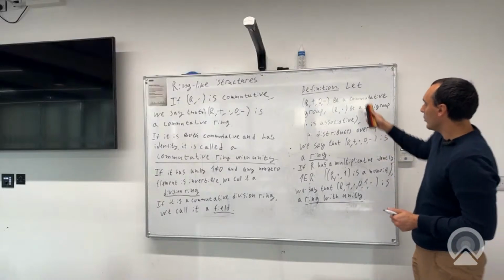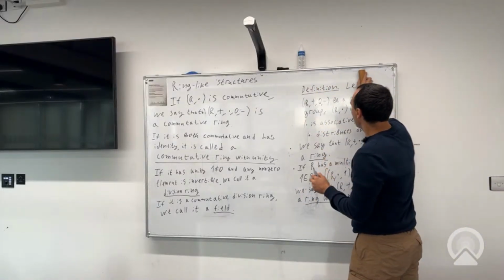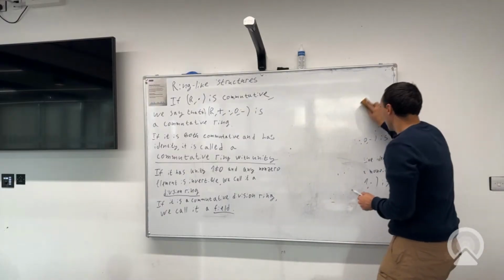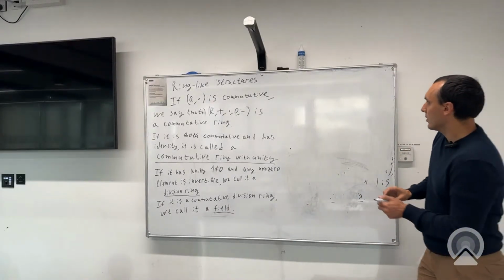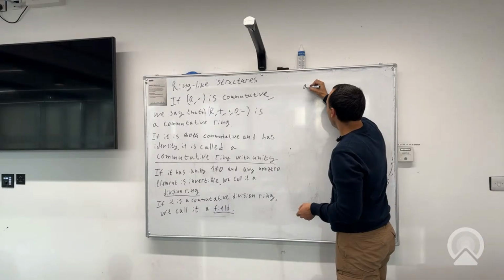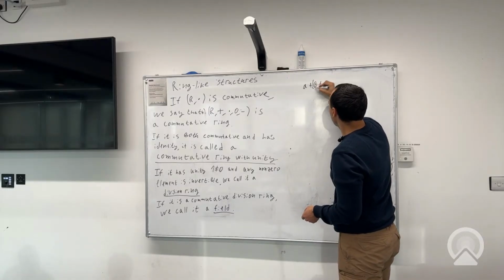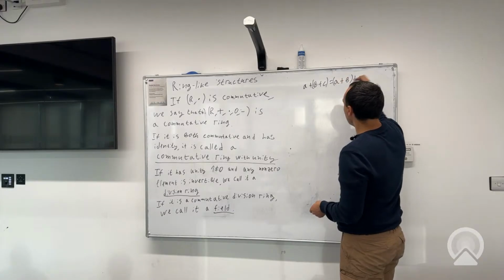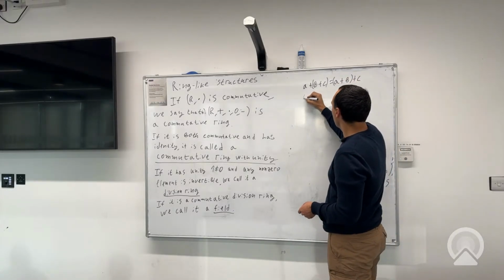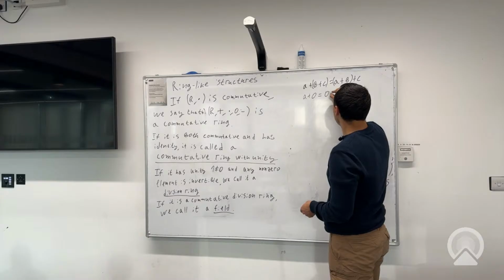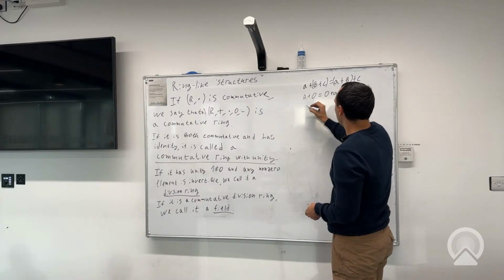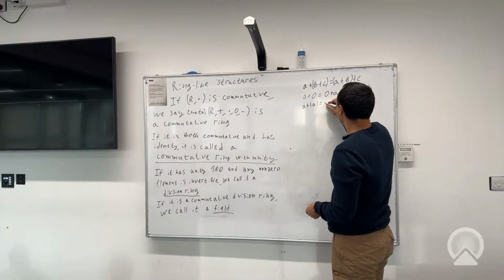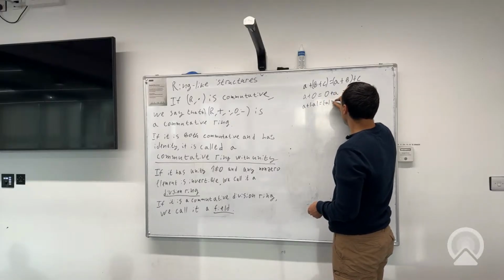Now I will write down the axioms. We have (A plus B) plus C equals A plus (B plus C). So first we have four axioms for an abelian group. A plus 0 equals 0 plus A equals A. A plus minus A equals minus A plus A equals 0.